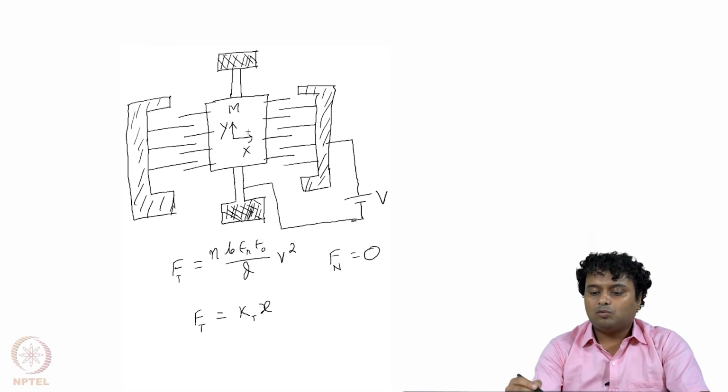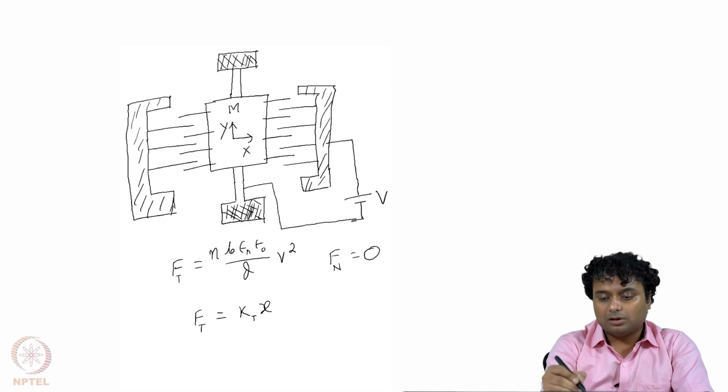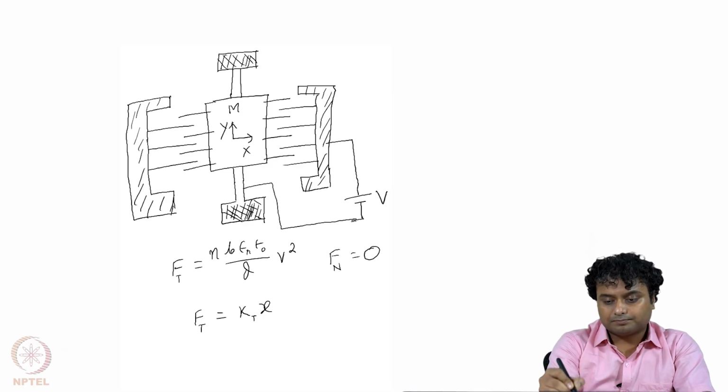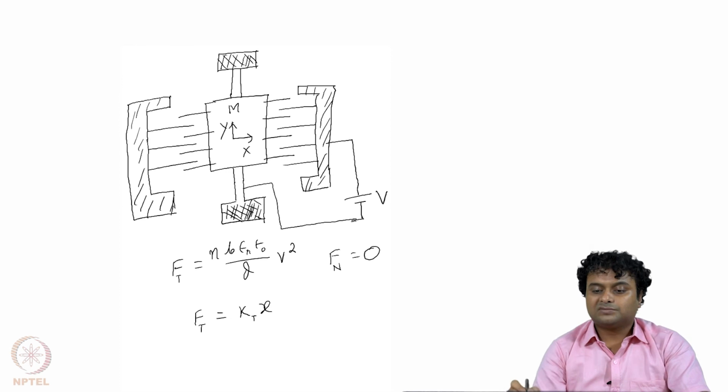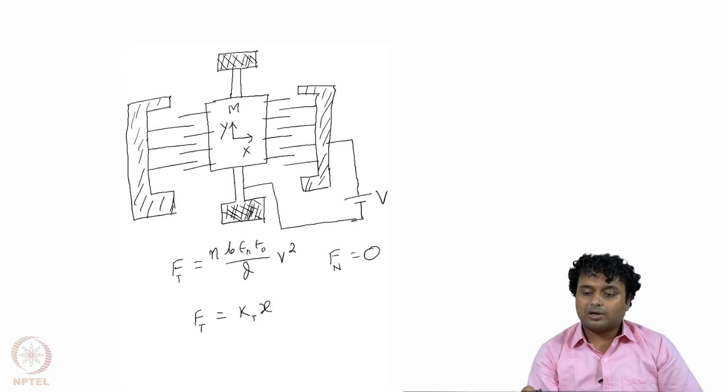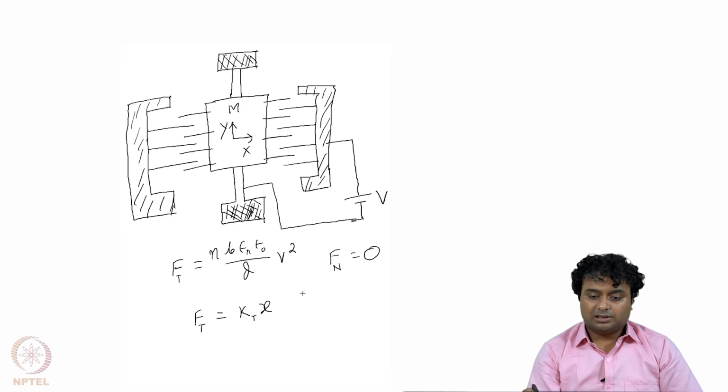So there will be no movement in the y direction, only x direction movement, and that we can control by applying the external voltage, and this is called a comb actuator. This is a kind of device where we can actuate it by applying some electrical voltage according to our requirement.